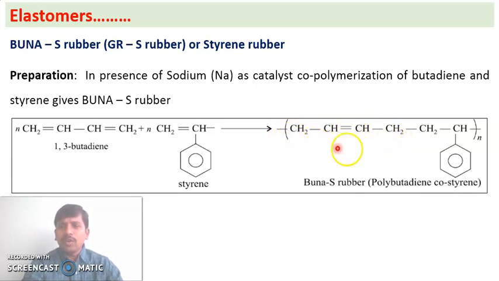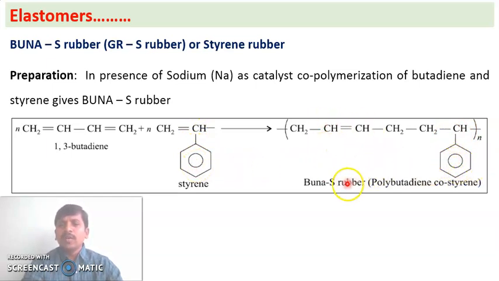These first four carbons come from the 1,3-butadiene, and the next two carbons of the repeating unit come from the styrene. So here CH2 single bond CH, and the styrene's second carbon has a C6H5 moiety. So this is the C6H5.